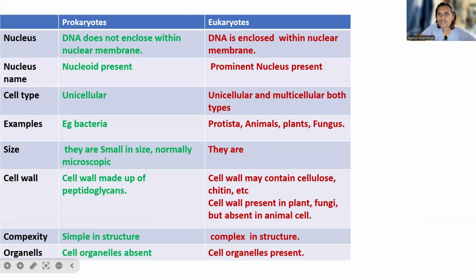So this is the difference between prokaryotic cell and eukaryotic cell. In a prokaryote, DNA is not enclosed within the nuclear membrane. It is naked, meaning nucleus is absent, you can write. Then in eukaryotic organism, DNA is enclosed within the nuclear membrane. It is known as true nucleus, so nucleus is present.